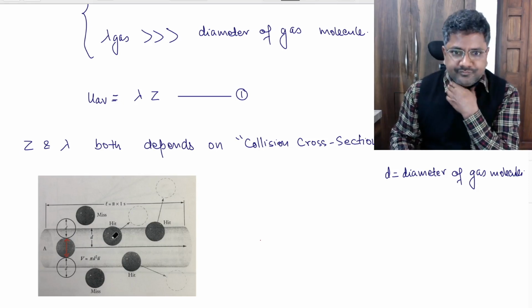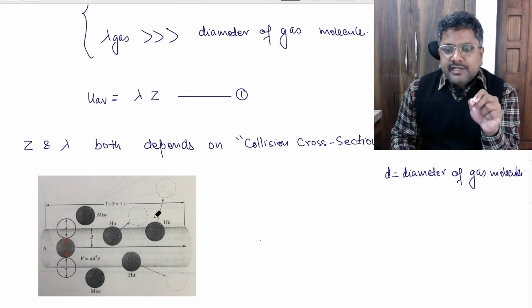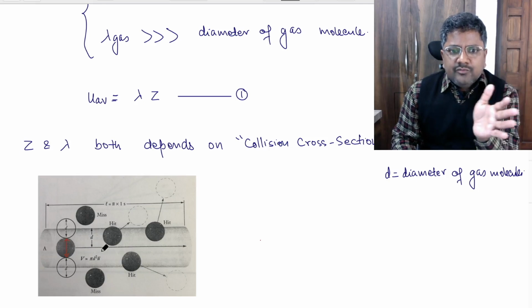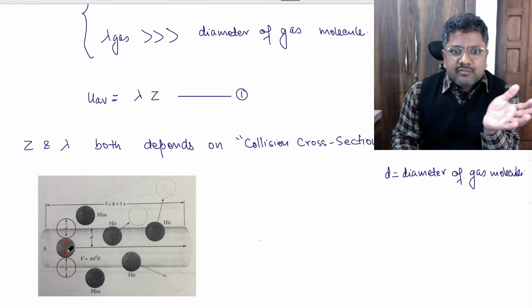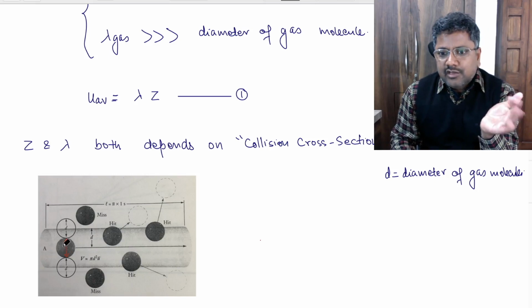So those molecules only collide with this molecule, the center of which lies in this cylinder, right? This D is the diameter. So the swept volume, you can say, in 1 second is pi d square into u. This is the volume covered by this single gas molecule.